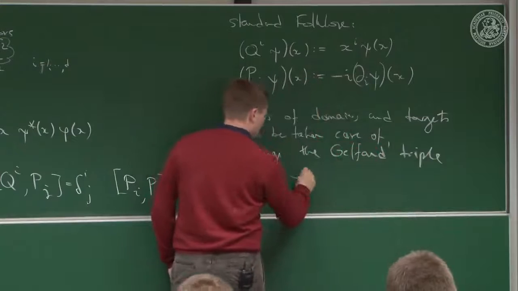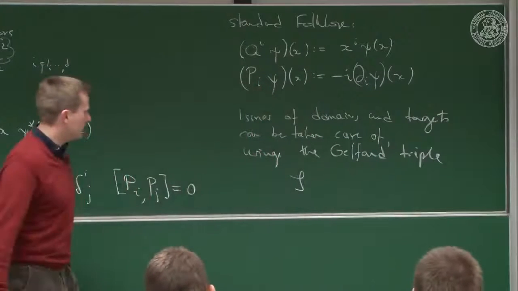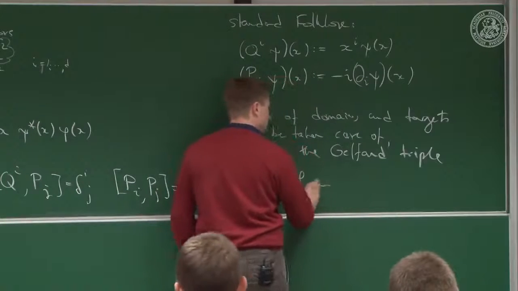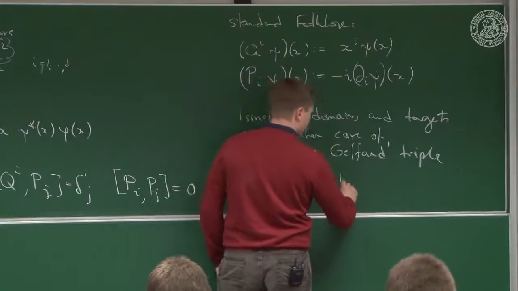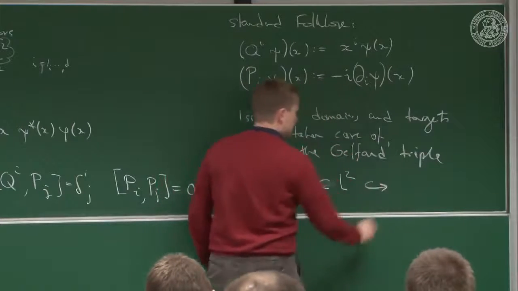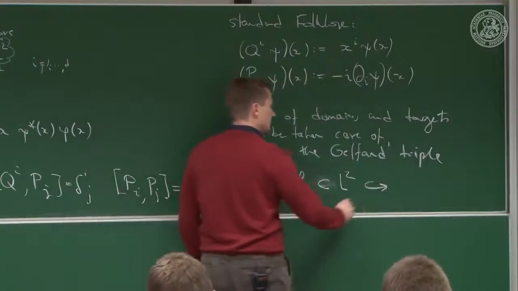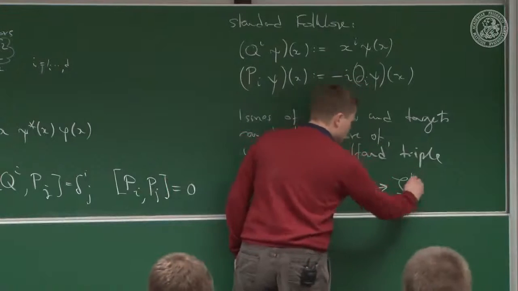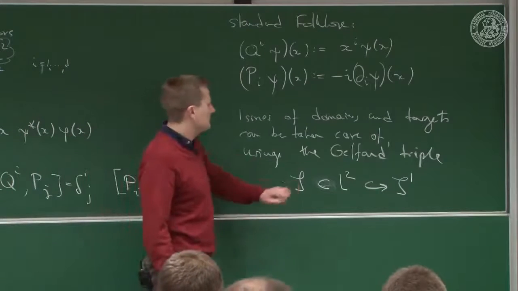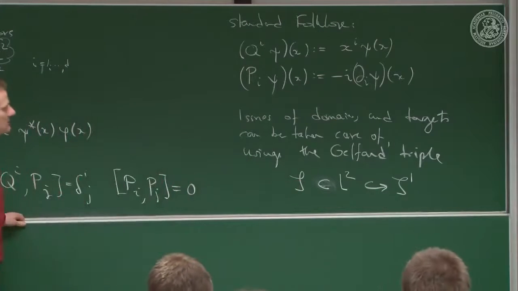So there you look at the space of Schwarz functions, which are certainly square integrable. However, these again can be embedded into a dual space, so into linear functionals of a certain type on these Schwarz functions.